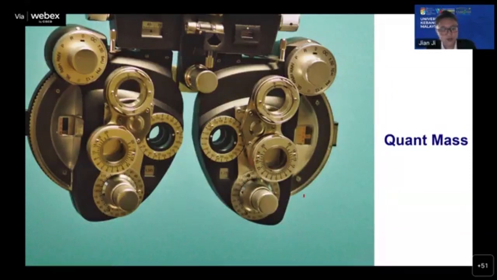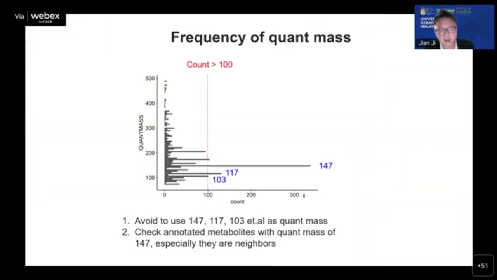Another thing is quant mass. As we know, in the final data set for metabolomics, we have each metabolite annotated rightly in samples, and we also need to know the intensity of each metabolite. But if we use intensity, we have to know which ions are used to quantify it.